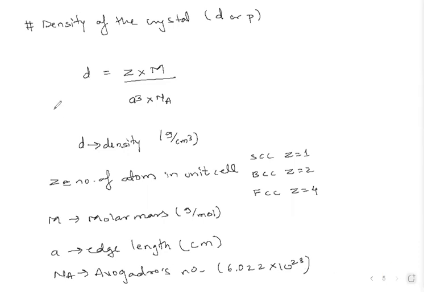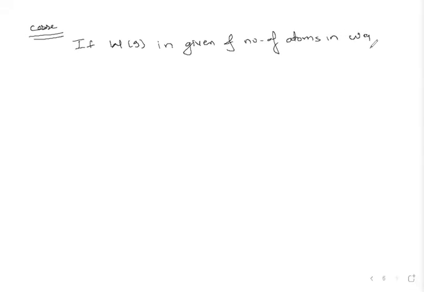But इसमें there is one case है यहाँ पे, and the case is if W, which is weight in gram, is given and number of atoms in W gram is R. So मेंस में ऐसे क्वेश्चन आने के पॉसिबिलिटीज है.